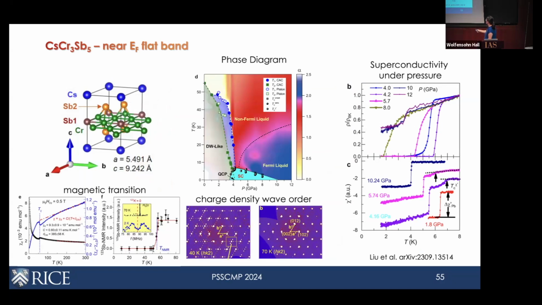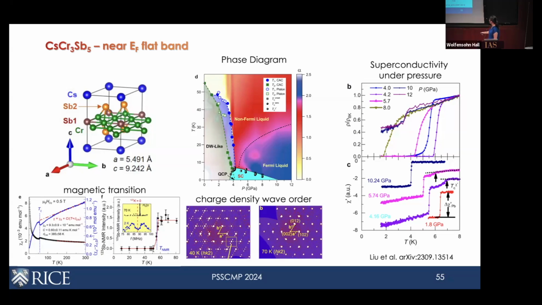And what they find is that they can actually map out a phase diagram for this compound that looks very much like what we have seen for the cuprates, pnictides, heavy fermions, and so on and so forth. The horizontal tuning axis is hydrostatic pressure in this case. At zero pressure, the parent compound exhibits a temperature scale of 55 Kelvin, where they see superlattice peaks popping up, which suggests there's a charge density wave order.